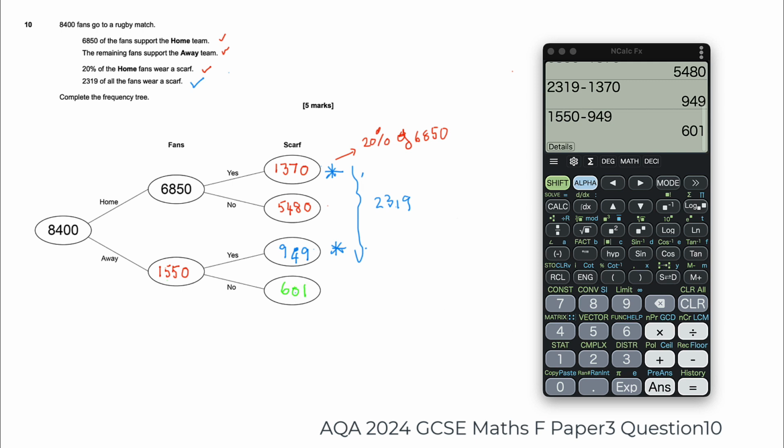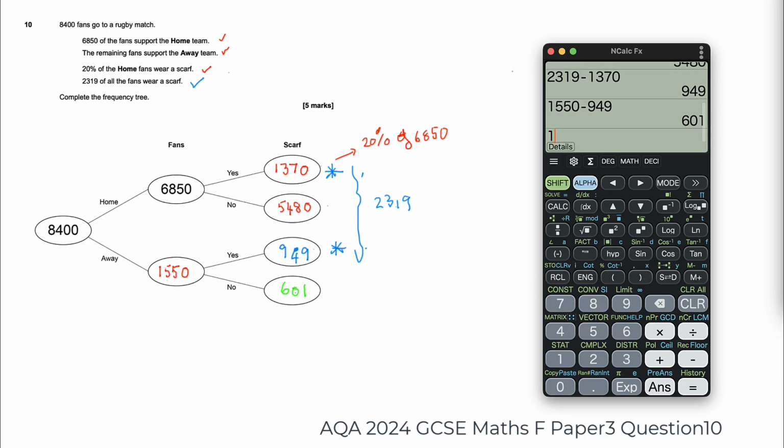Let's do a final check, because if we've got all the fans, then the total of these four numbers here should come to 8,400. So just to make sure that we haven't made a mistake, let's do that. Let's add up these four numbers.